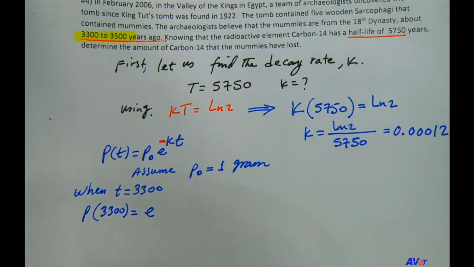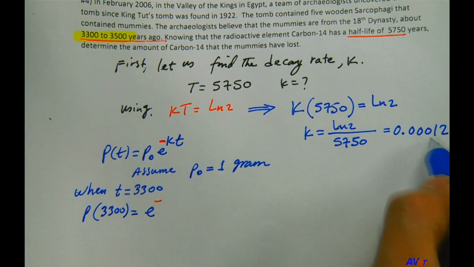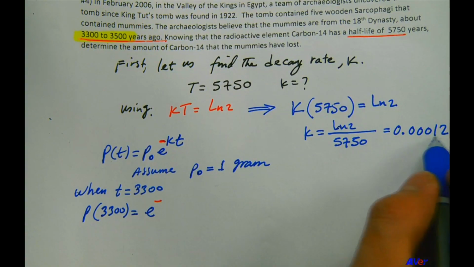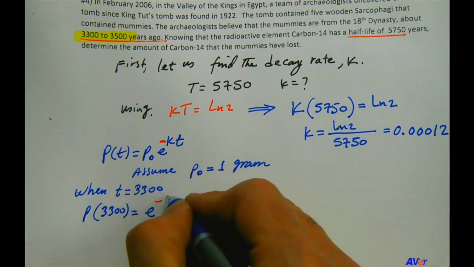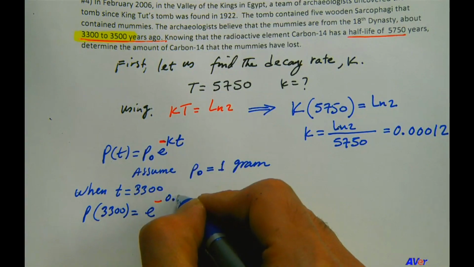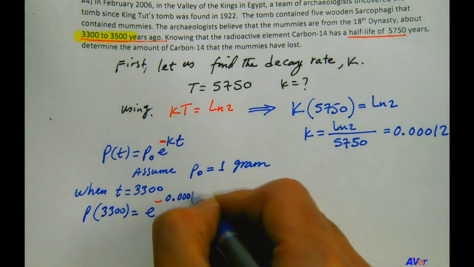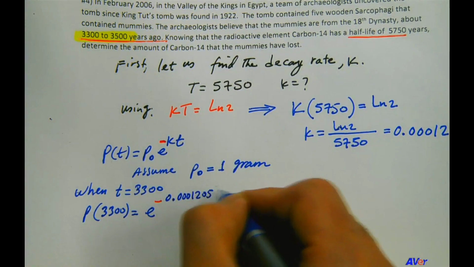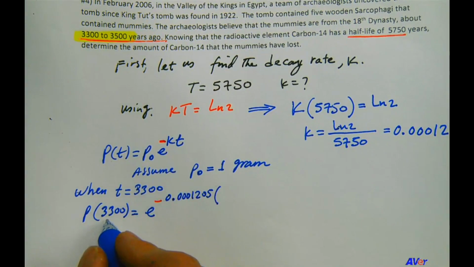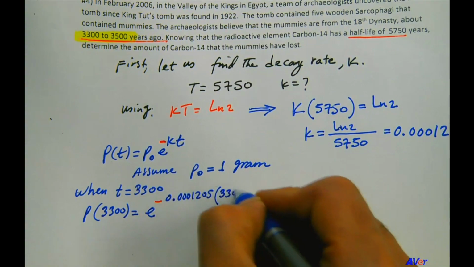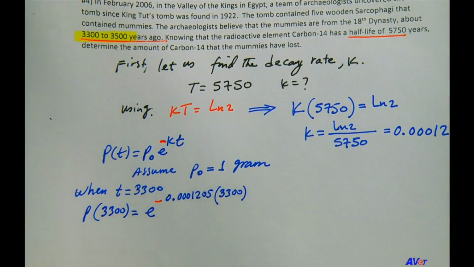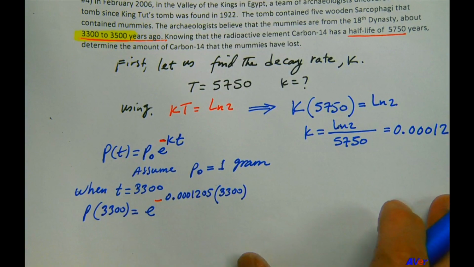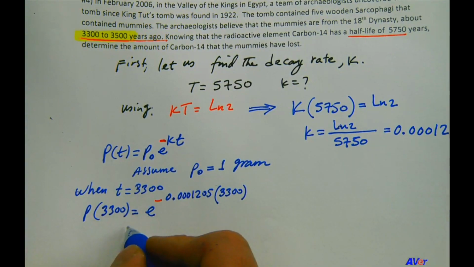So minus K, which is already converted to decimal form, minus 0.0001205 times 3,300 years. So that's for this many years. Let's calculate this.